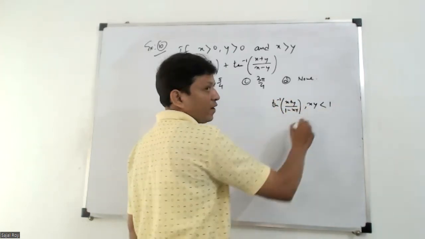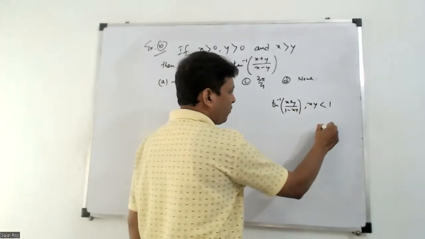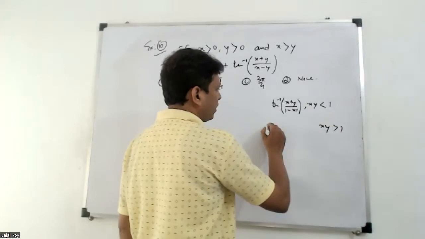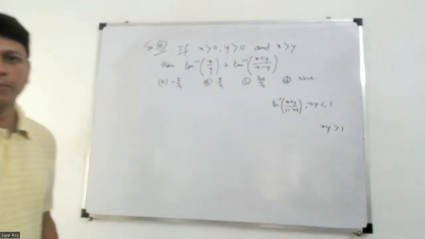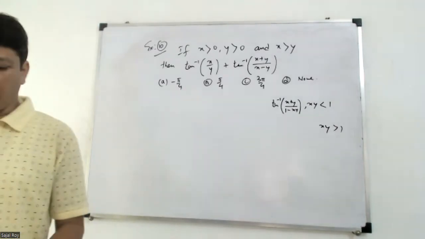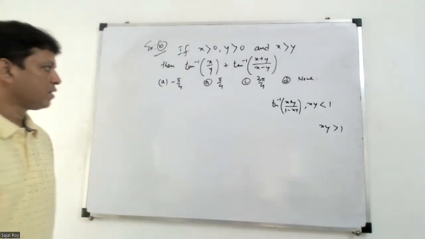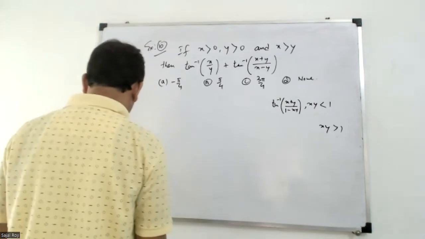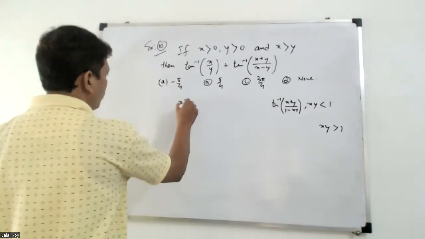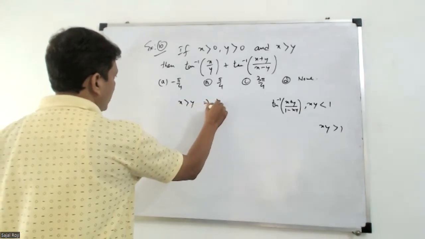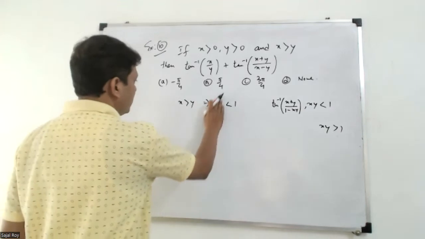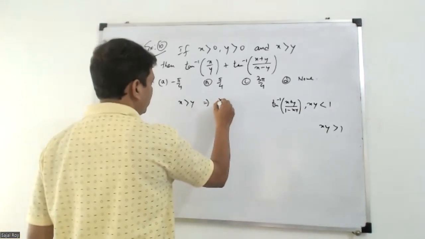But if xy more than 1, then you have pi plus tan inverse. So you have to check that. In this case, your x is more than y, so y by x is less than 1. But you have x by y, so x by y is greater than 1.